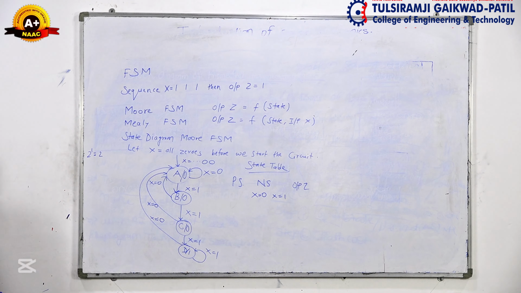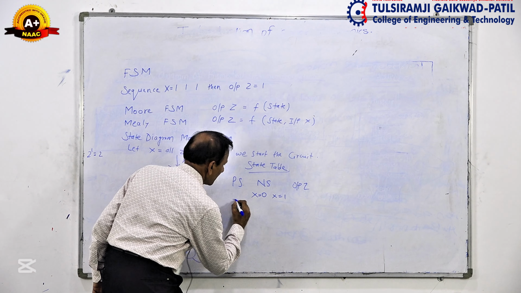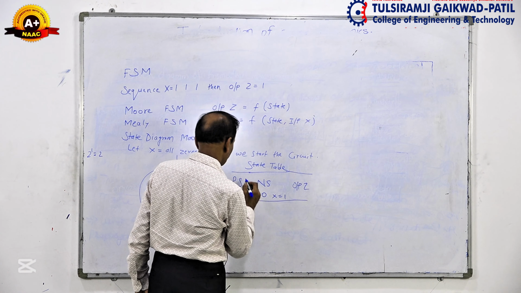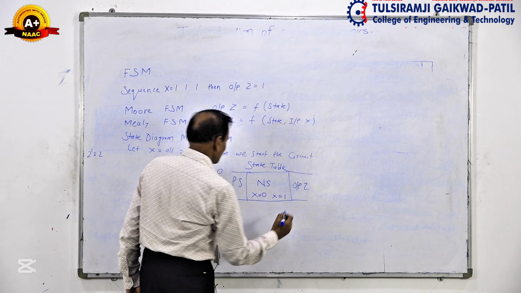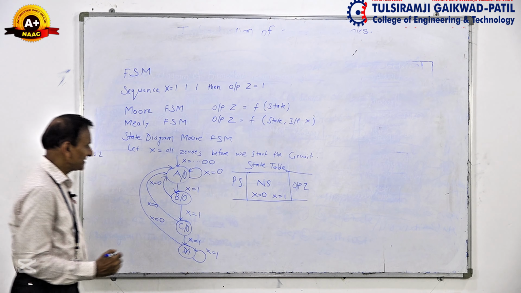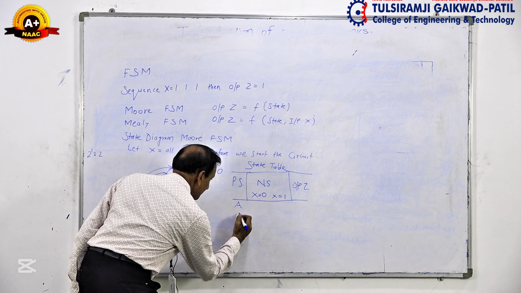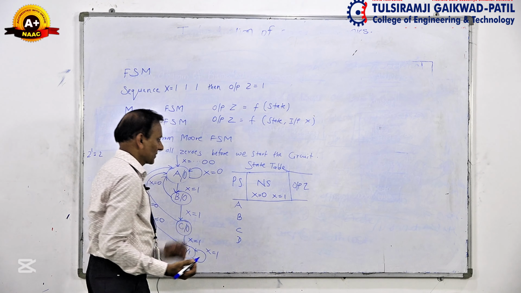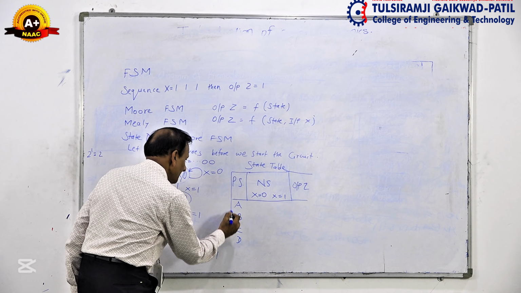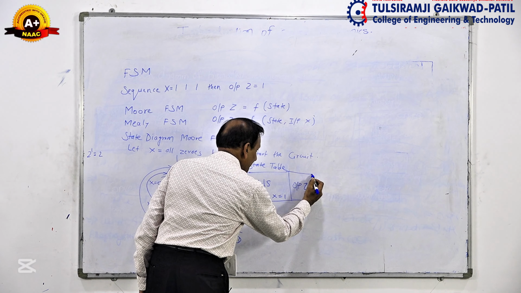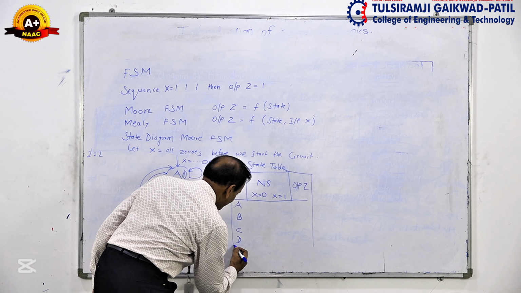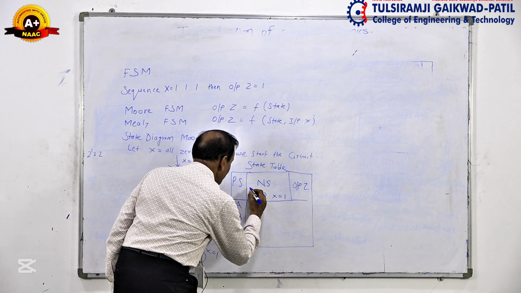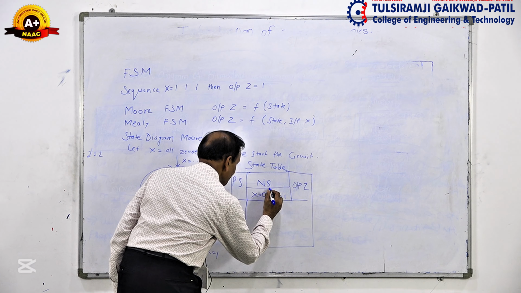Okay. Now let us complete the state table. So we have got here 4 states A, B, C, D. So we will write 4 states A, B, C and D. Now from the state diagram, we will identify the next states where the machine is going for X equal to 0 and for X equal to 1.